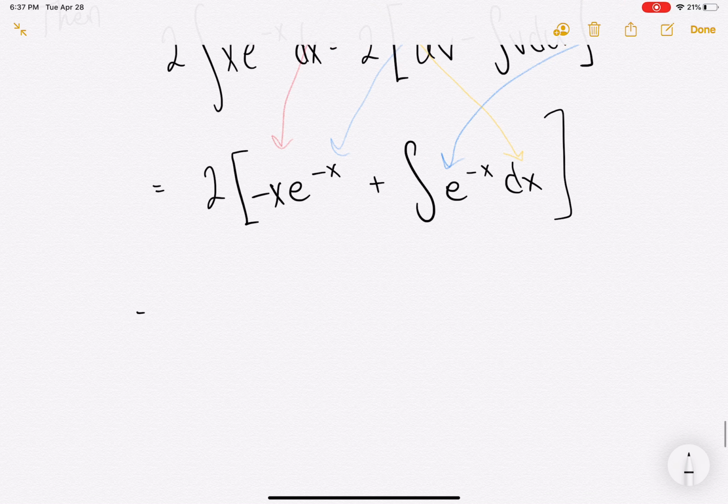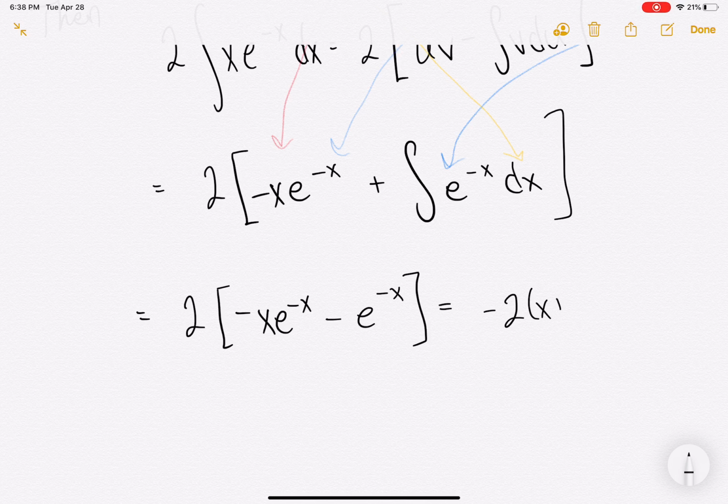And things start to work out because this is negative x e to the negative x. Once again, by the same virtue as we saw before, this is just the general power rule for e, or however you want to think about it, minus e to the minus x. So I'll rewrite that as negative 2 times x plus 1 times e to the minus x.